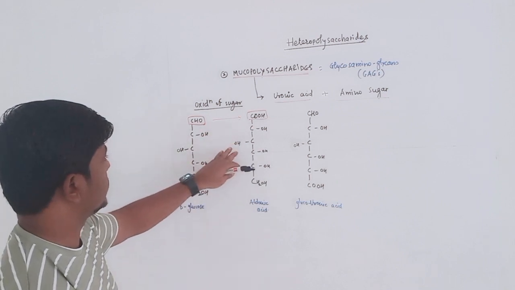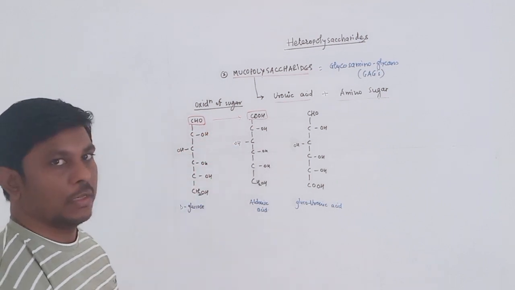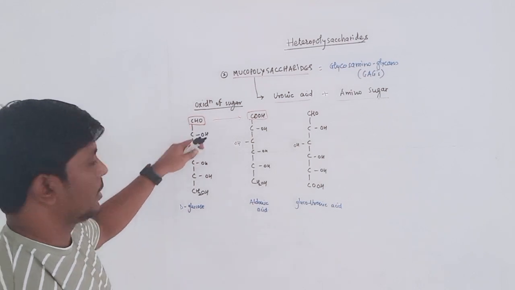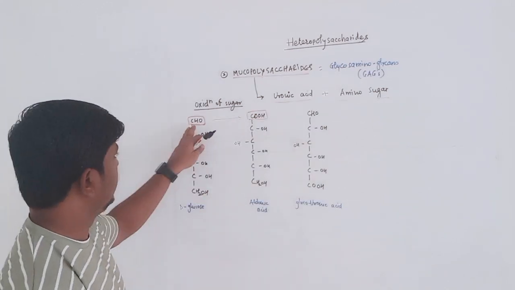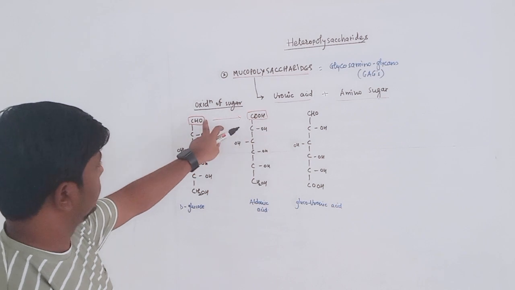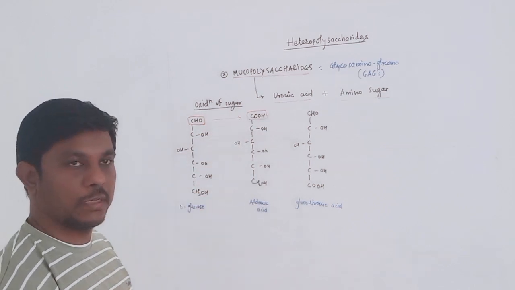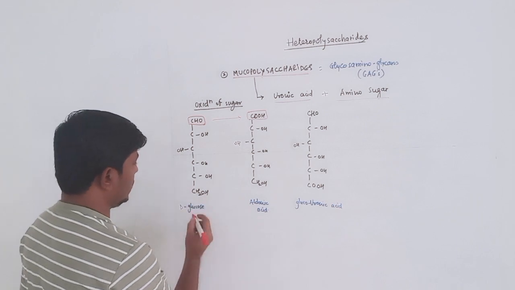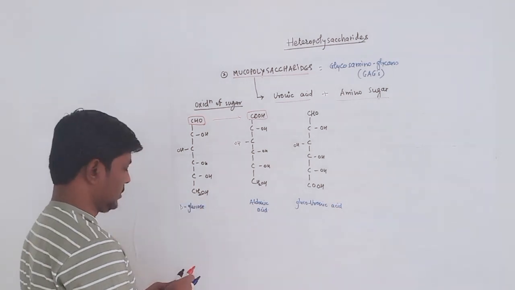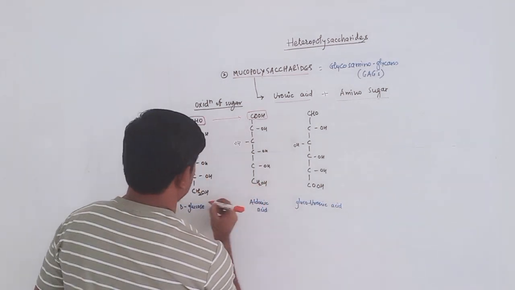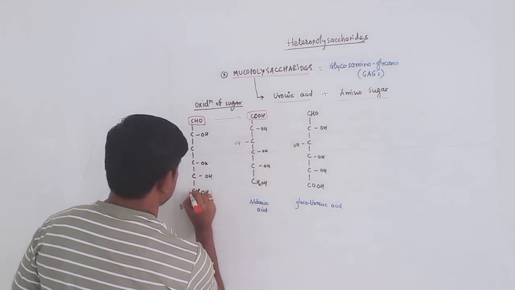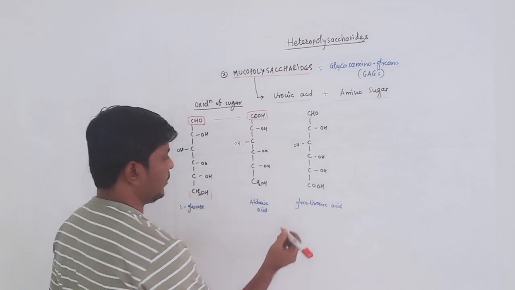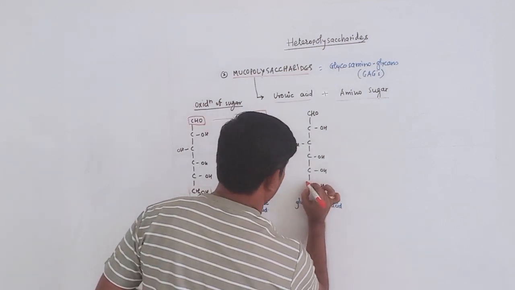But sometimes the CHO group is preserved. That is, it is somehow protected, and because of that, the CHO group cannot be replaced by a carboxylic group. In that situation, the last carbon atom of glucose, which is CH2OH, gets replaced by a carboxylic group.